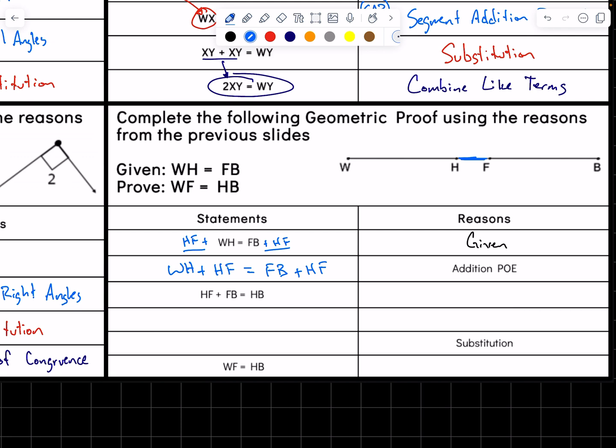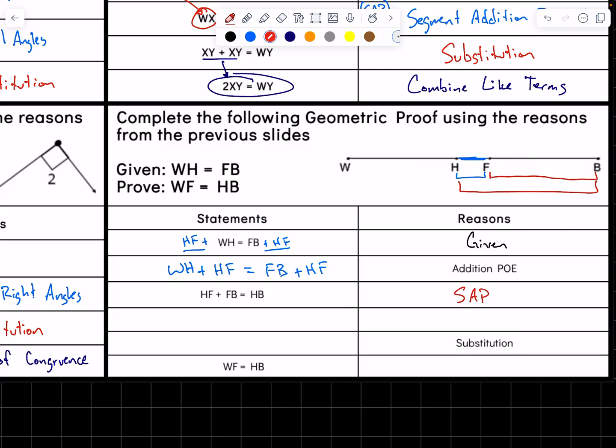Now I can use my segment addition postulate a couple times, because if I say HF, which I know is right here, HF plus FB equals HB, that's my segment addition postulate.